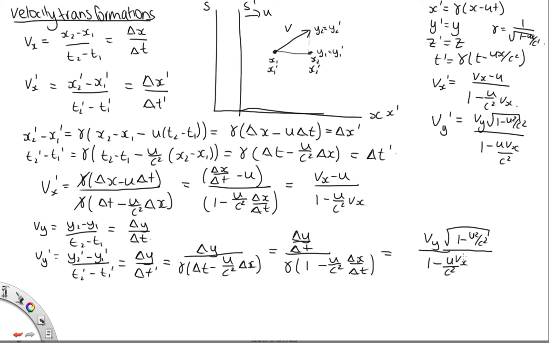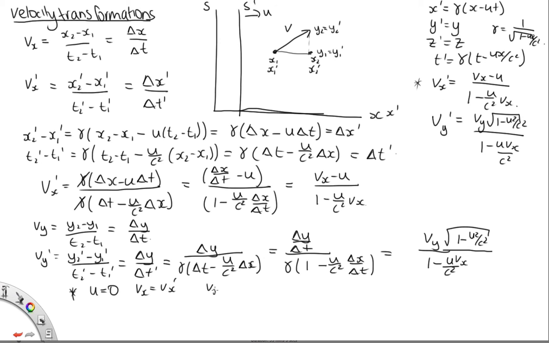Now let's just consider a couple of limiting cases. For Vx, let's consider the case, first of all, where there is no movement, so where u equals 0. Well, if these frames are not moving relative to each other, then we'd expect Vx to equal Vx dash. That's what we'd expect. Let's just check.